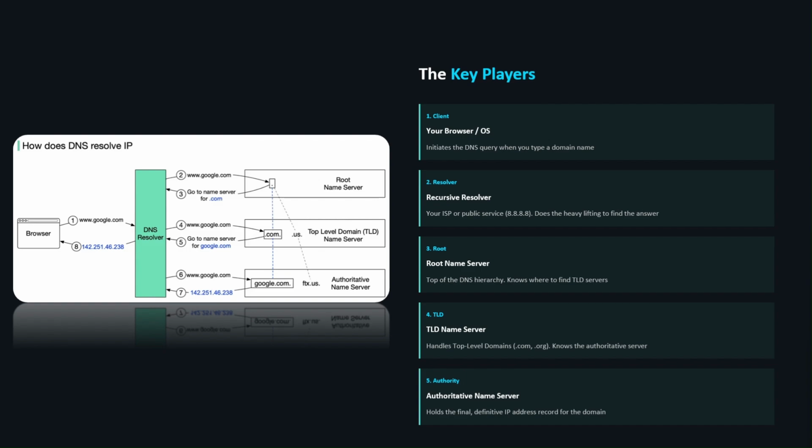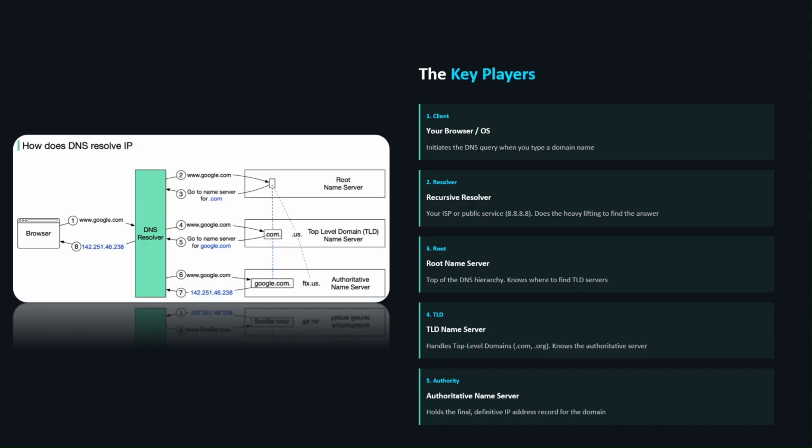First, you have the client, which is your browser or operating system initiating the request. Second, the recursive resolver, often run by your ISP or a public service like Cloudflare or Google. This server does the heavy lifting, acting as your proxy to find the answer.